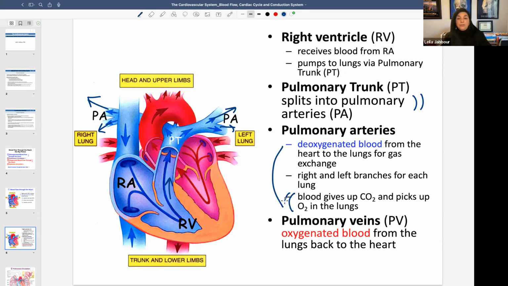And when we get to the pulmonary system, I think at the next module, we will talk extensively about what happens at the level of the alveoli and the gas exchange when CO2 will be delivered to the alveoli so it can be exhaled, and oxygen will be captured there and basically reoxygenate the blood. So the reoxygenated blood will then come back to the heart via these pulmonary veins.